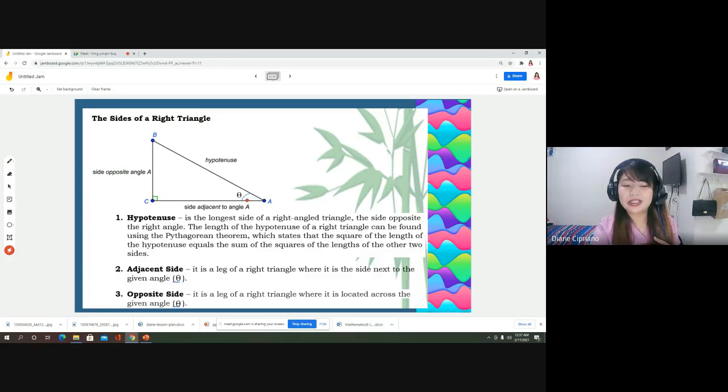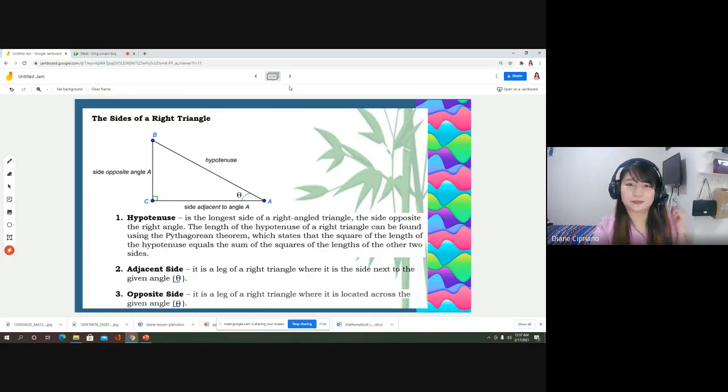How about the adjacent side? The adjacent side is the leg of the right triangle that is next to the given angle. In this example, this is your given angle theta. Of course, the side beside this angle, we can call it the adjacent side. And the opposite side is on the opposite side of the given angle.